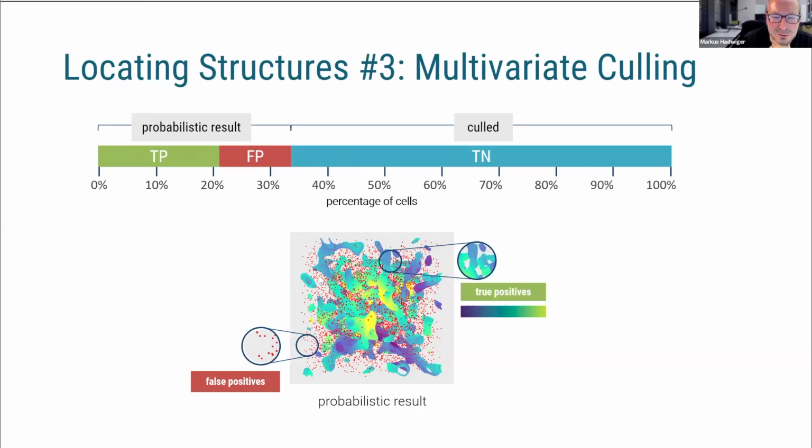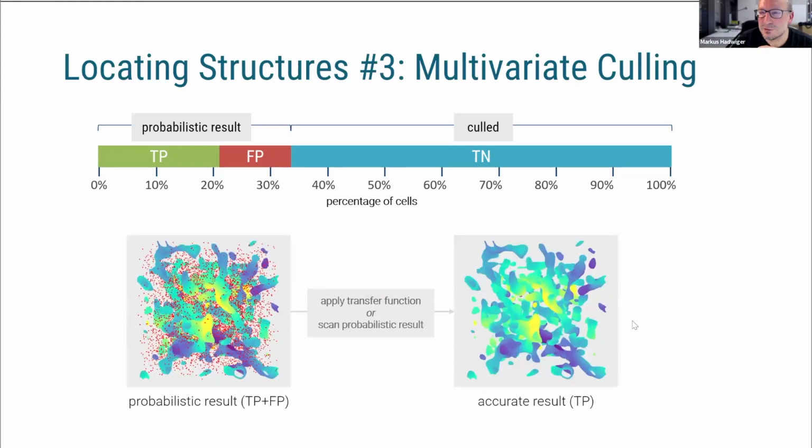In space, it would look like this. So the colored stuff is the true positive, and then you have a few outliers that were computed to be false positives that are in red. And then you either say, okay, I accept that, or you have a transfer function that just does not render the false positives by mapping all these data items to transparent.